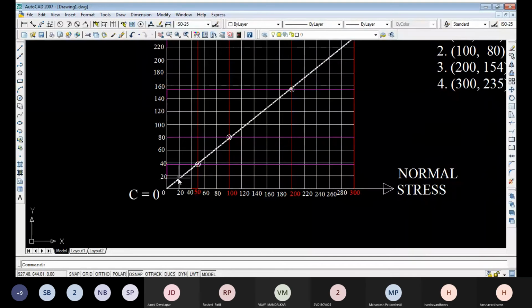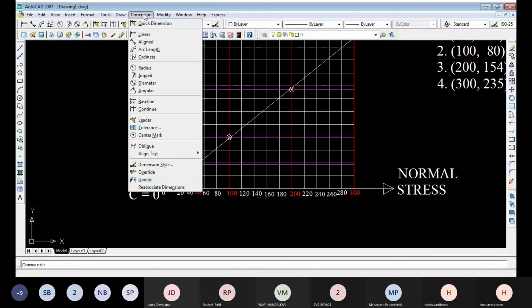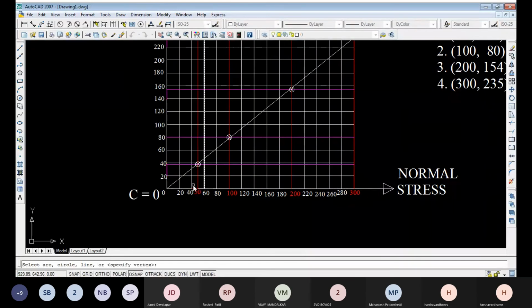Now I'll measure the angle. I'll take angular measurement and measure the angle between the strength envelope and the horizontal axis. It is 38 degrees.